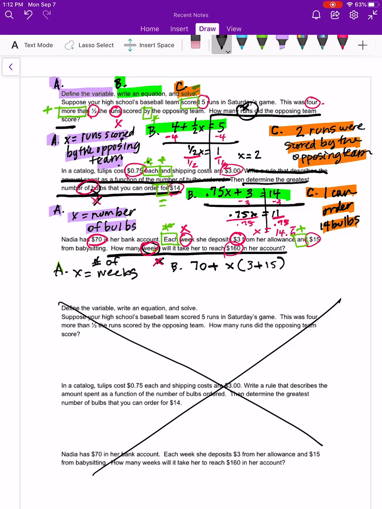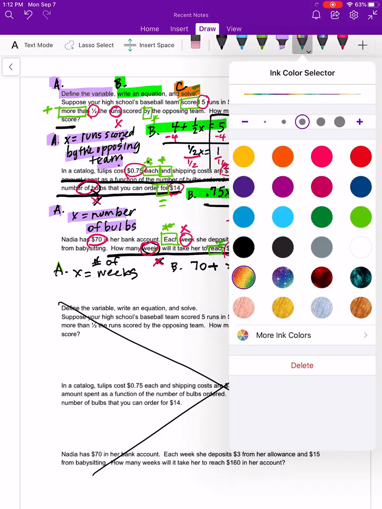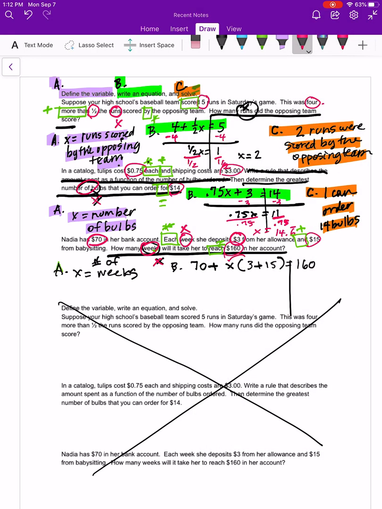And then we want to know how many weeks does it take her to reach, there's our equal sign, 160. So equals 160. All right, so looks like we have some distributive property going on. So I don't know, let's do that in pink for today. So we have the distributive property.